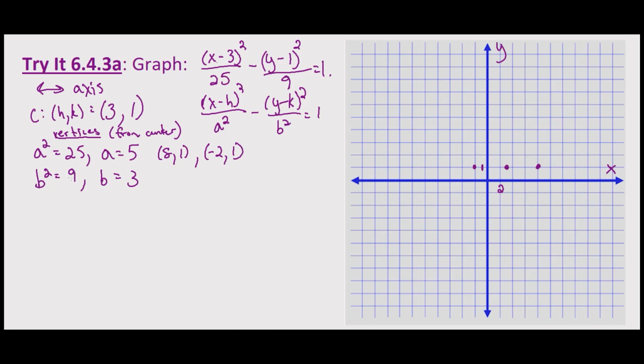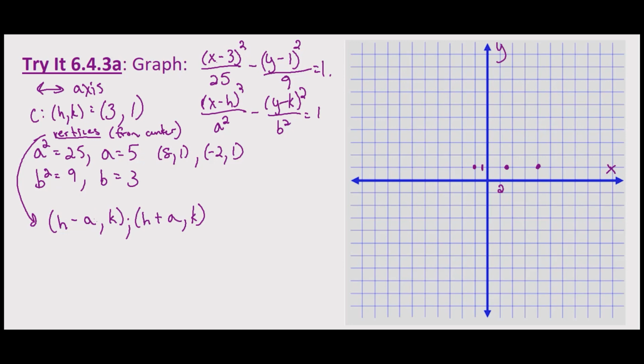And if you want to do that algebraically, you can always just take the points and subtract. For a squared, it's going to be (h minus a, k) and (h plus a, k).